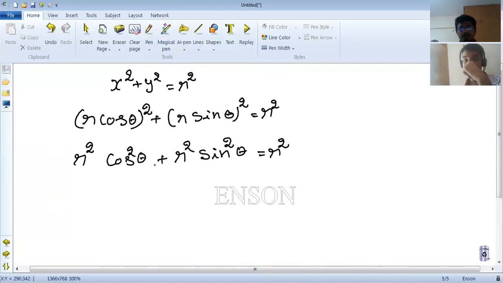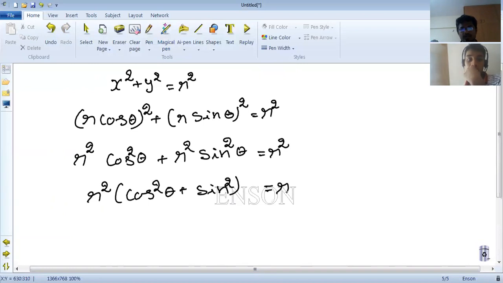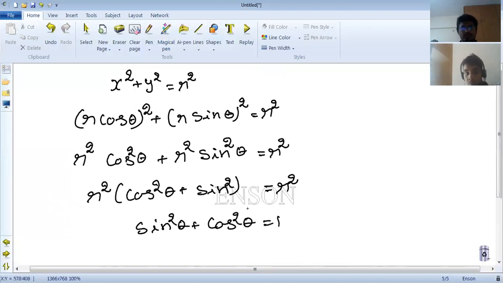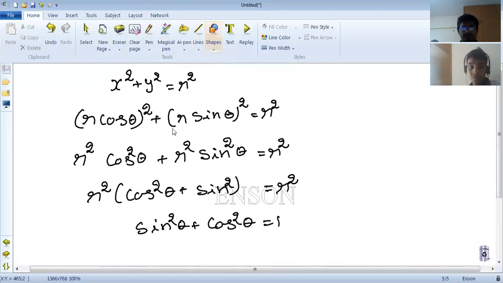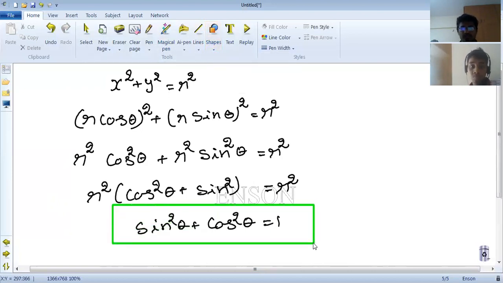Take r squared common from these two, so that it will be r squared times cos squared theta plus sine squared theta is equal to r squared. Divide both sides by r squared, so that you will get sine squared theta plus cos squared theta is equal to 1. This is one of the important identities for you. It's really useful while solving problems.